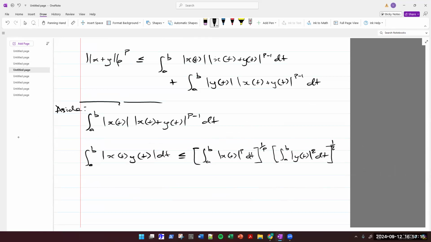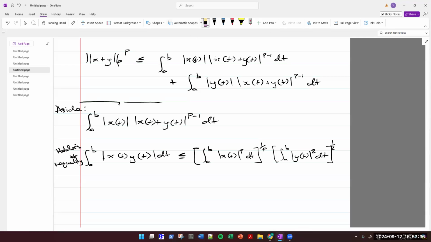So this is Holder's inequality. But I want to replace the x and the y in Holder's inequality with something different because it's different terms.